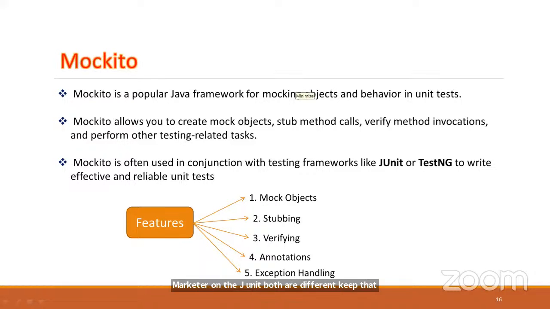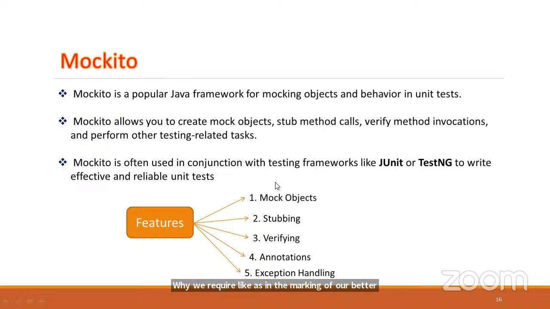Keep that point in your mind. JUnit is used for performing unit test cases with the help of JUnit assertions and JUnit annotations. Mockito is for mocking of objects. Why do we require mocking while performing unit testing?